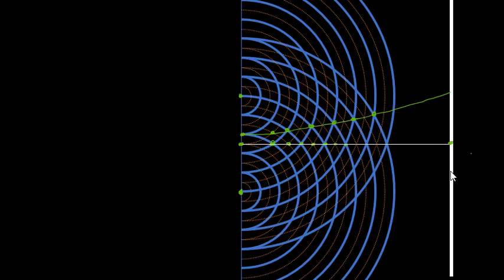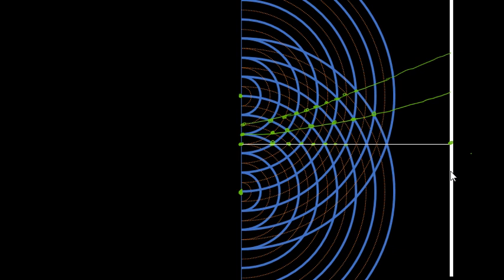And then there will be another one, maybe from this point, this point, this point, this point. So there are so many constructive interferences happening, and similarly on the other side as well.